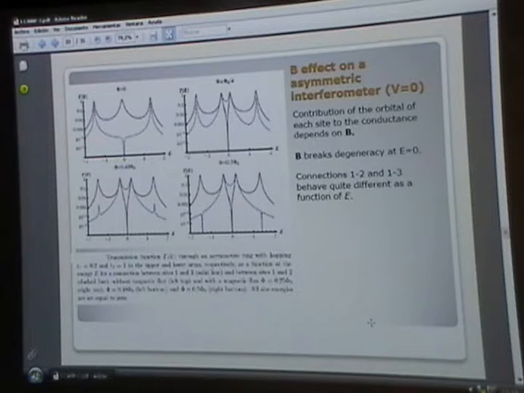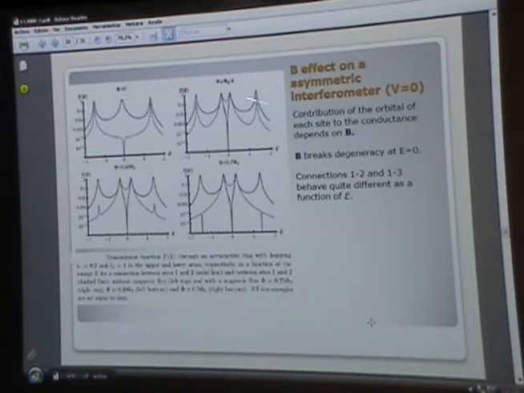At zero energy, which corresponds to the Fermi energy of the electrons, in one case I have a maximum of transmission, actually 1, so 100% transmission of the electrons, while in the other configuration I have 0. I don't have transmission.